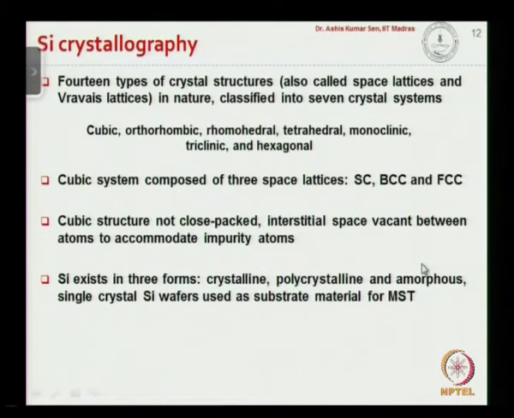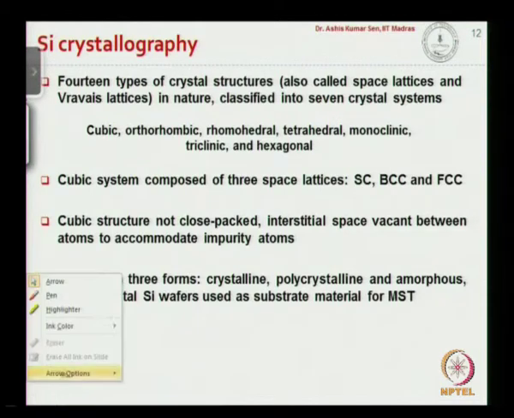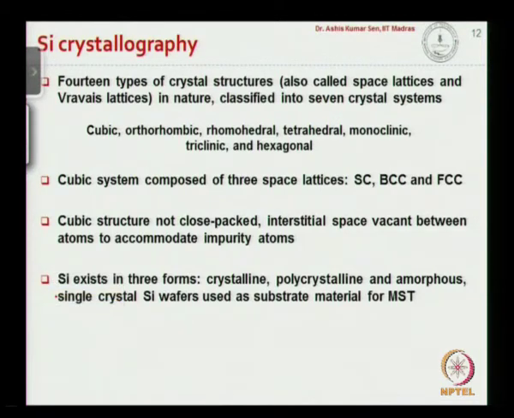If you look at silicon crystallography, in nature there are about 14 types of crystal structures, known as space lattices or Bravais lattices, and they are classified into 7 different crystal systems: cubic, orthorhombic, rhombohedral, tetragonal, monoclinic, triclinic and hexagonal.